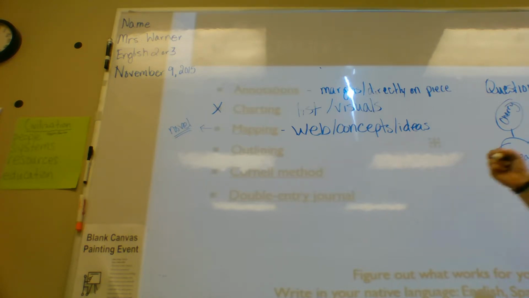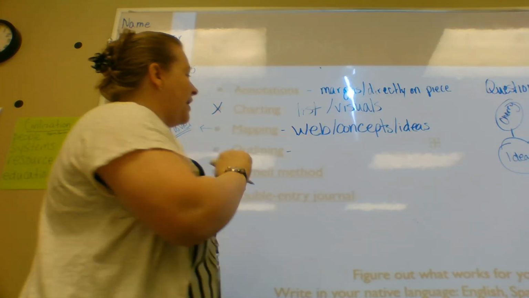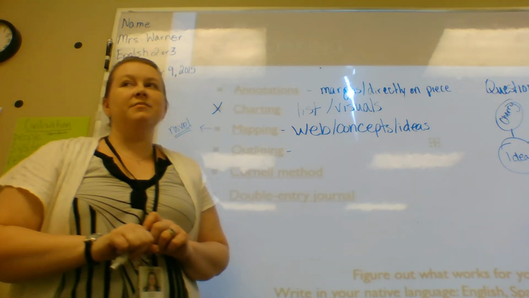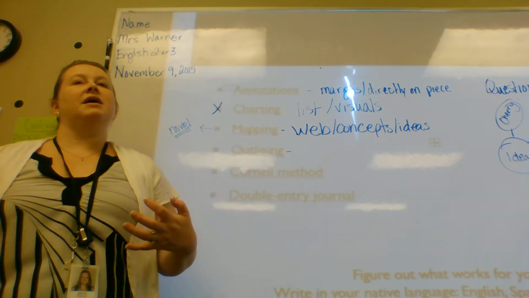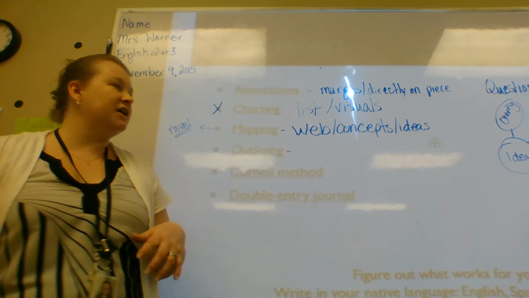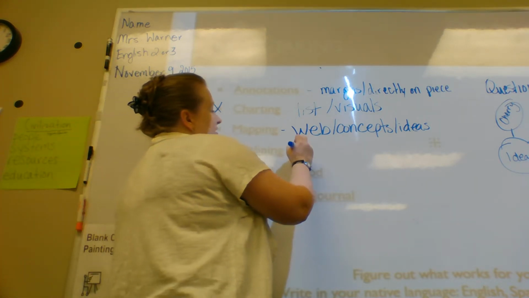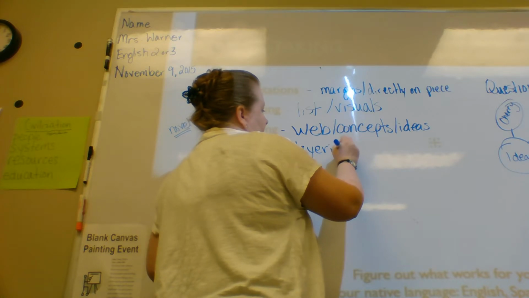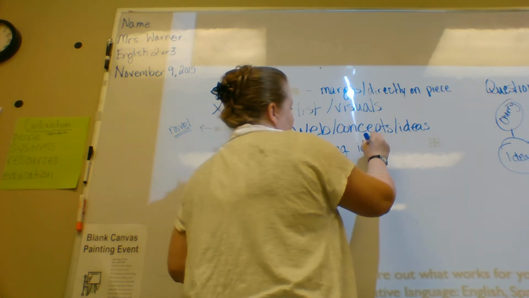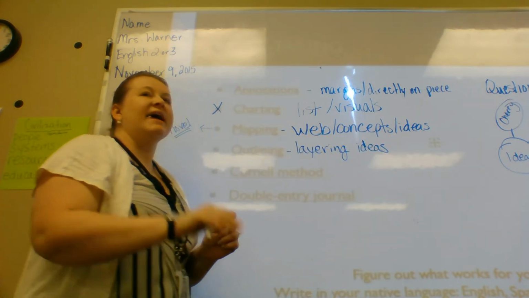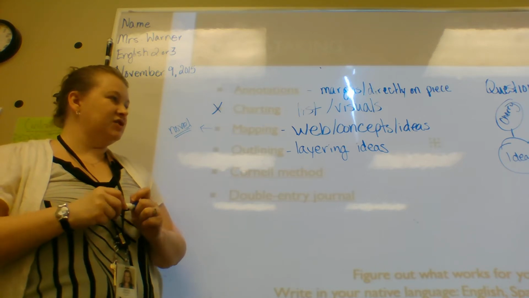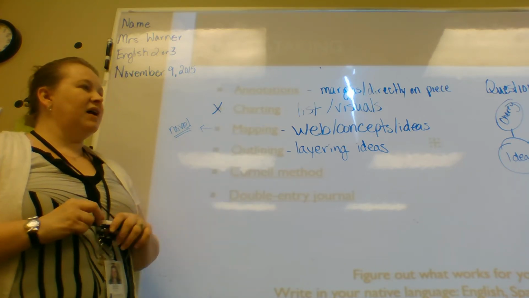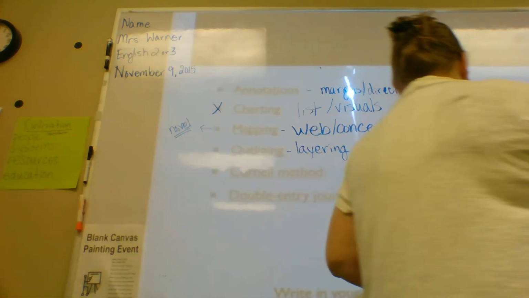The next one we'll talk about is outlining. Outlining is one of the most difficult concepts, but it's one that students try to use. So this is layering ideas. So you layer ideas up on top of each other. The thing with outlining is it follows a very strict format.